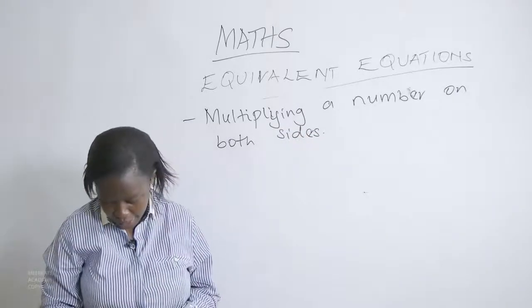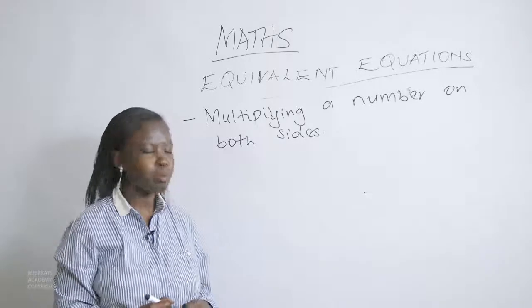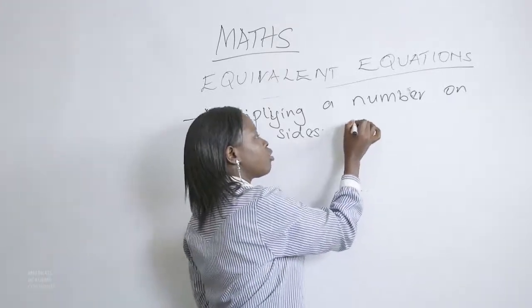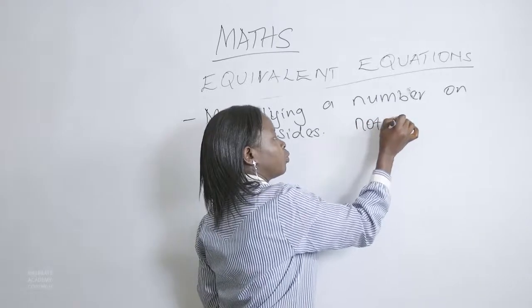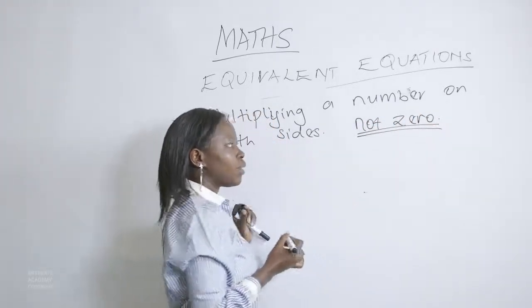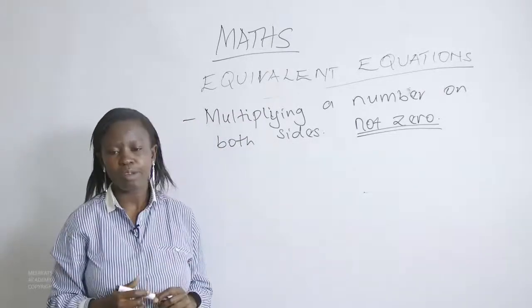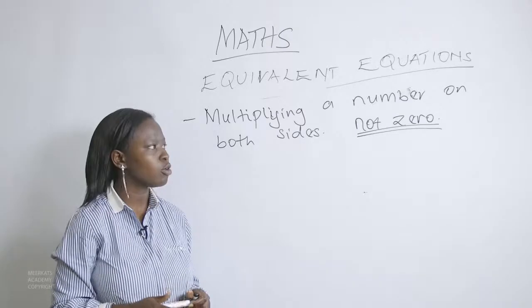when multiplying a number on both sides and the number that we are multiplying with is not 0. So we are multiplying a number on both sides, but the condition is the number that we are multiplying with on both sides is not a 0.